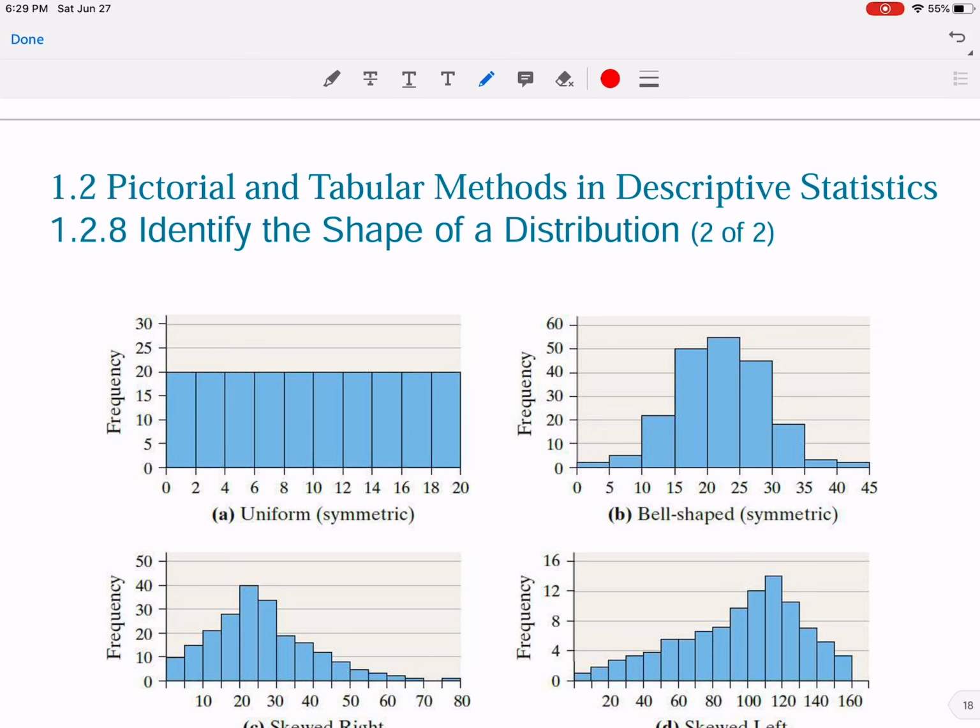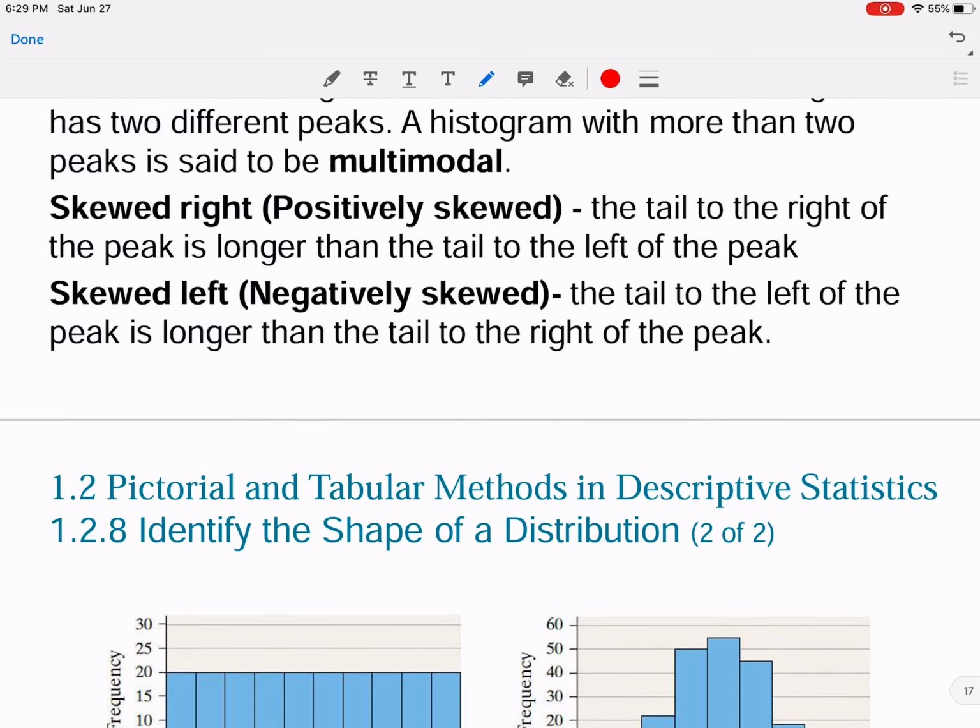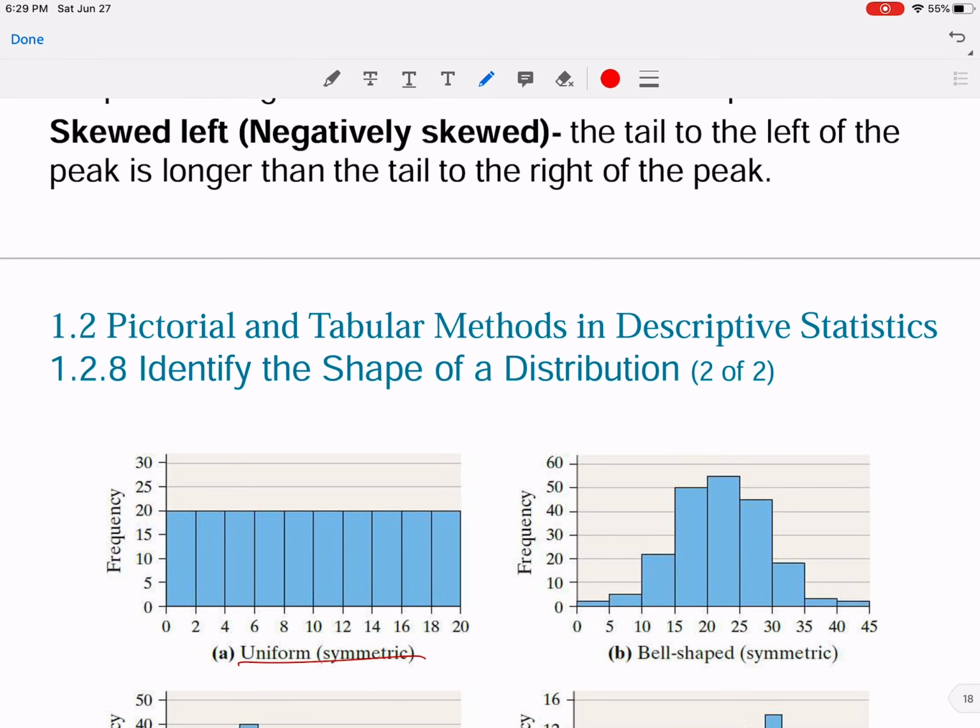So this is a uniform distribution, and of course, this graph is symmetric. This is not called a symmetric distribution, okay? But this graph is symmetric. So based on the definition, we can tell since each rectangle in the histogram has exactly the same height, which means the possible values are evenly spread out.